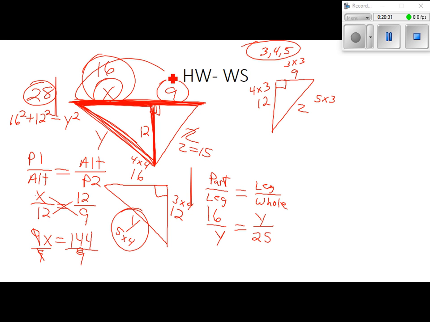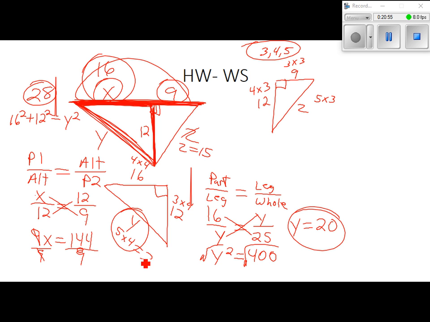Just add those two together and get that whole thing. Cross multiply, what's Y times Y give you? Y squared. 16 times 25. Grab your calculators, help me out. 400. Then we gotta do what? Take the square root. What's the square root of 400? We got 20 that way.